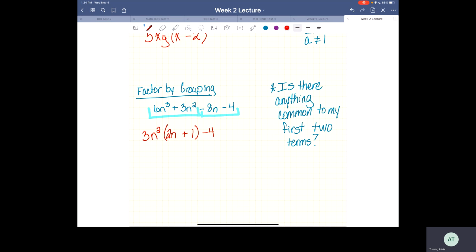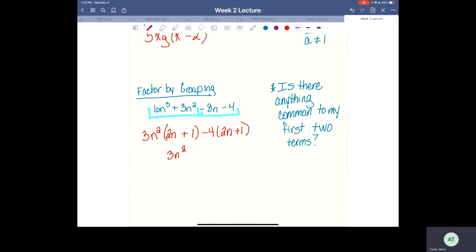So instead of just taking 4 out of my second set of terms, I'm taking a negative 4. And when I take that negative 4 times 2n is negative 8n, and negative 4 times 1 is negative 4. These have to match. If they don't match, it doesn't work. You can't do it. They have to match.